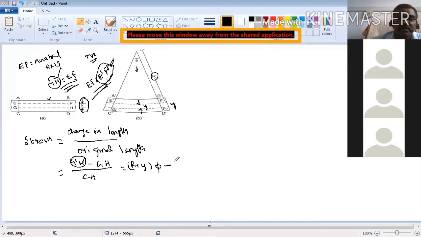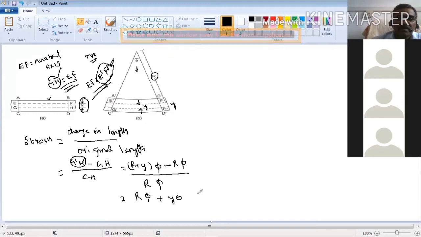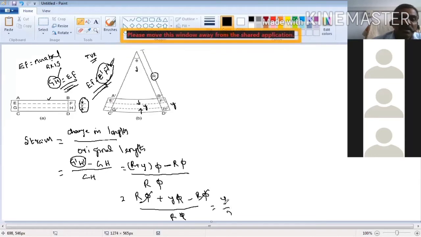So in this equation, R phi plus y into phi minus R phi, divided by R phi. We cancel this and this. Phi, phi. Y by R. That is strain.